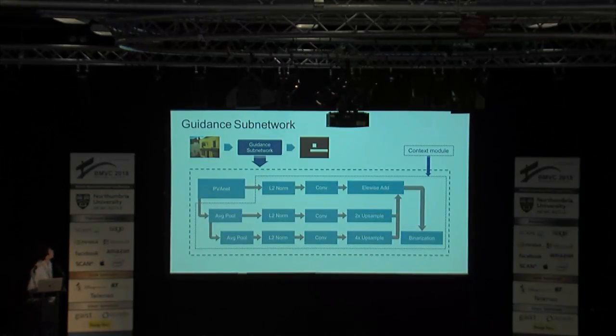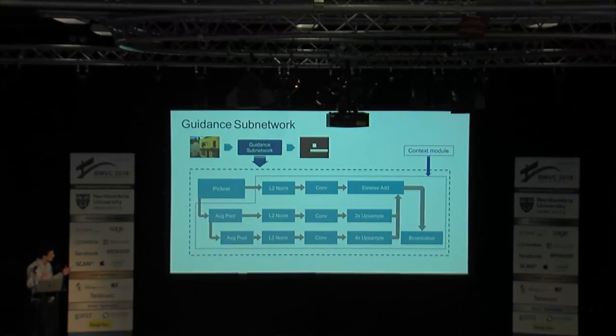And this is the guidance subnetwork. Like I said, they want it to be lightweight, so they used PVANet, which was developed for very fast object detection. Also, the shape could be really weird, so you possibly need to include some contextual information.